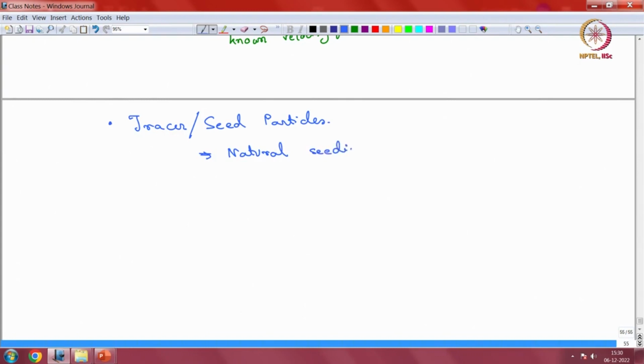Natural seeding is sometimes possible, by which I mean that you need not add an external tracer particle. An example is some multi-phase flows.